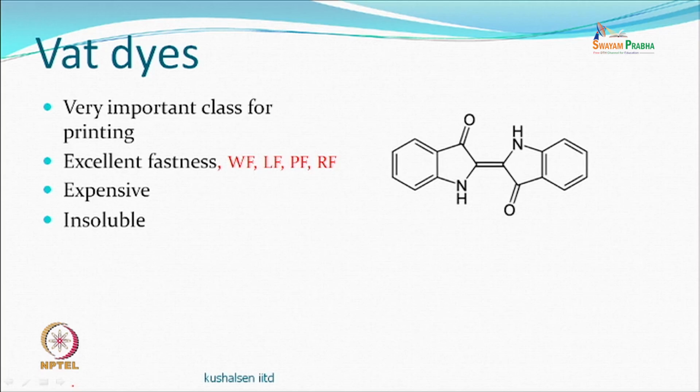So you can appreciate anything which does everything right will be expensive. Not just as a dye, but also the whole process. You have reduction, oxidation, all that has to be done. So they are good for printing, cost is high, so no problem, you should be able to use them.